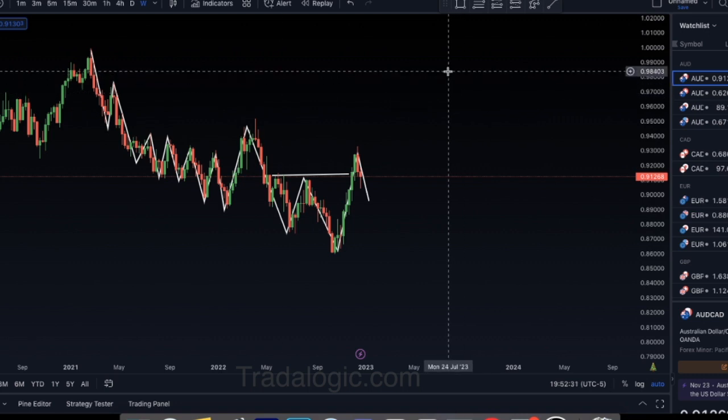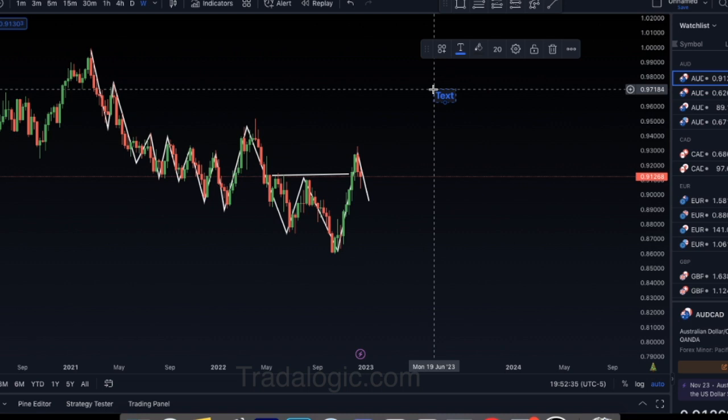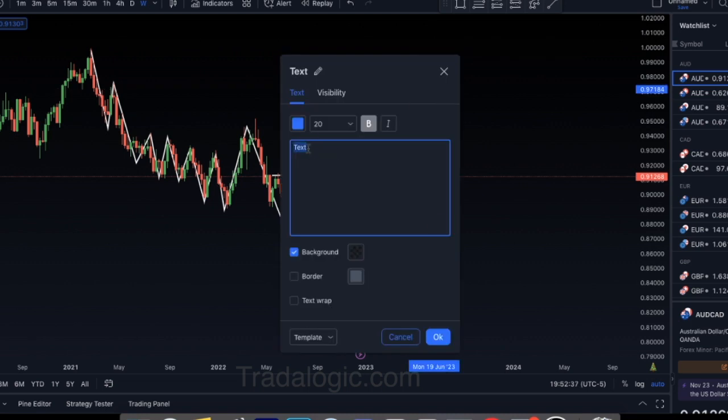So we got the weekly. We're gonna write it down so we don't forget. Weekly is bearish.